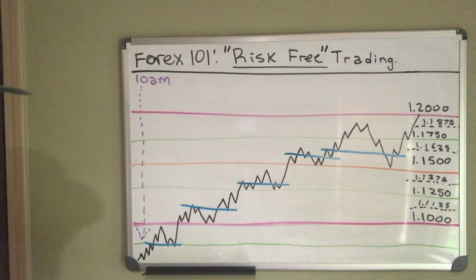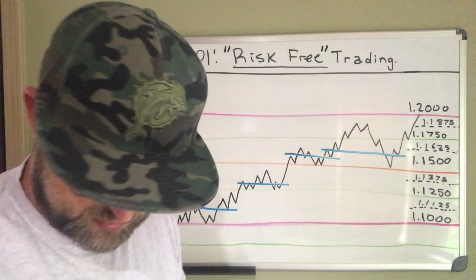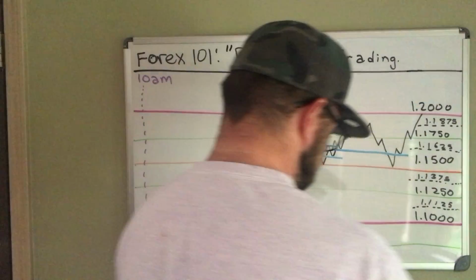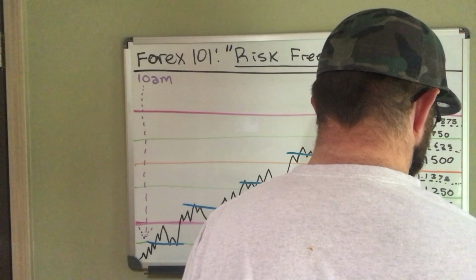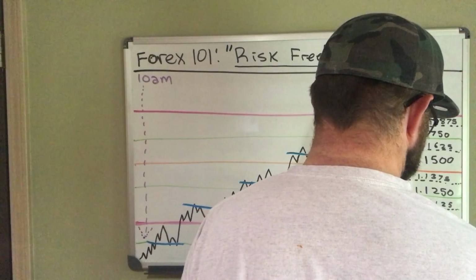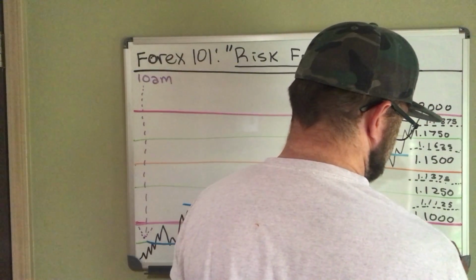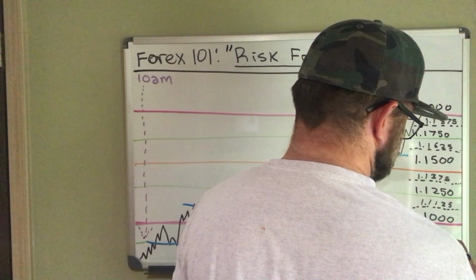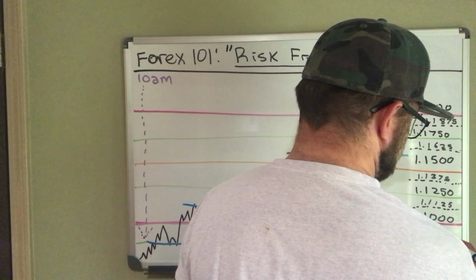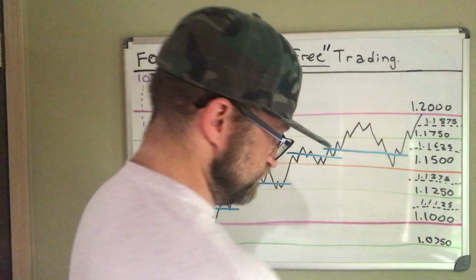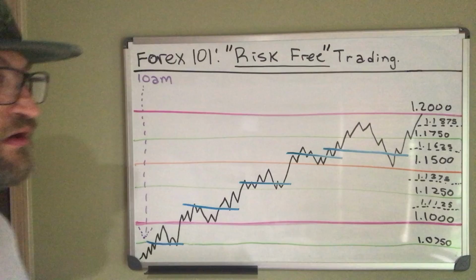This right here is the 1.0750. See, because it's like that one, but 1,000 points down.